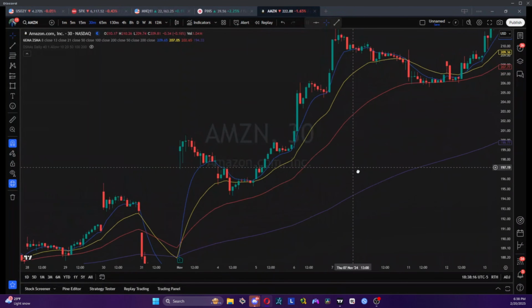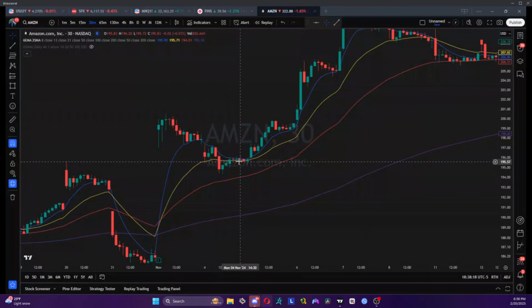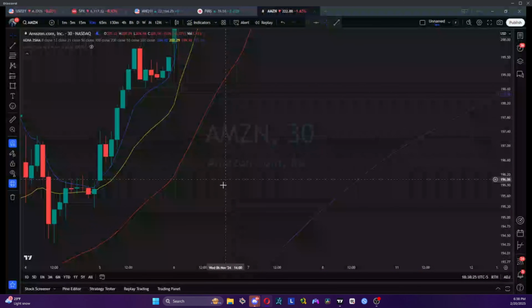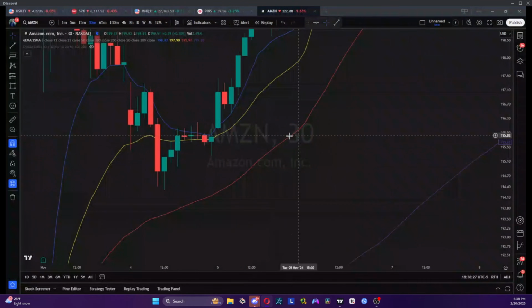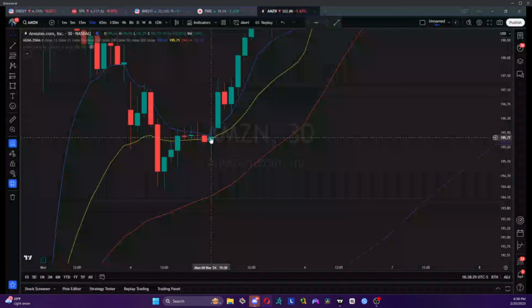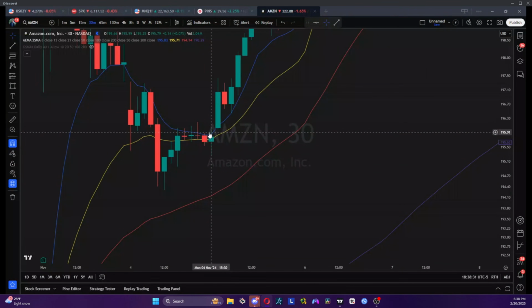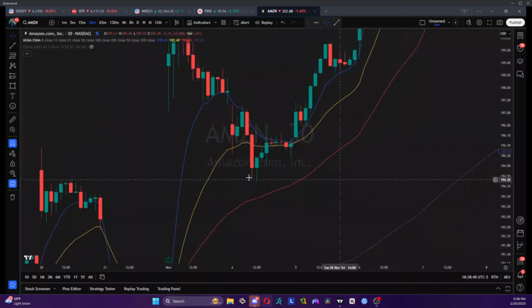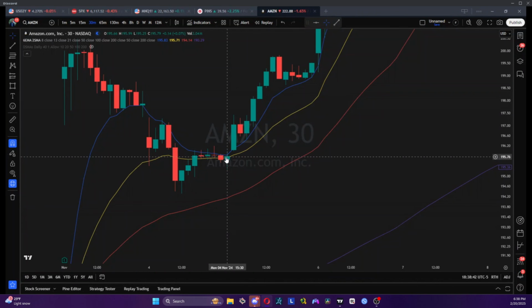What ended up happening? There was an attempt for the 8 EMA and the 21 EMA to cross to the downside. And if you were the guy that thought that this was going to break down and cross over, and you took that trade before you got confirmation on the crossover, guess what happened? You got what I used to call the fake out, right?